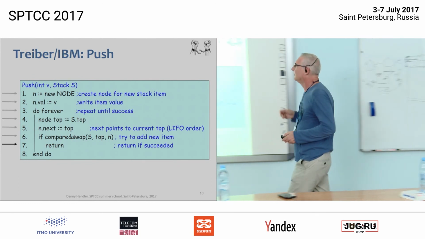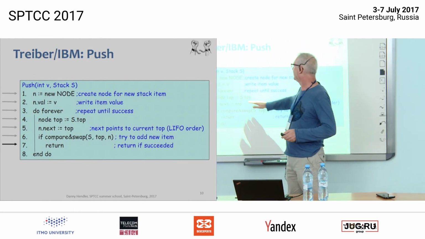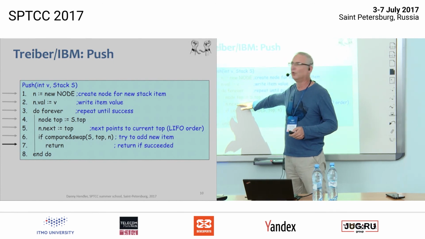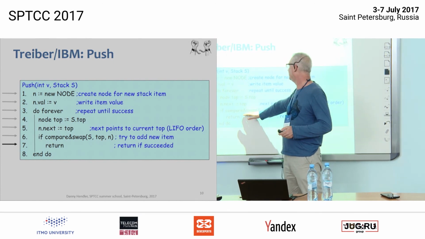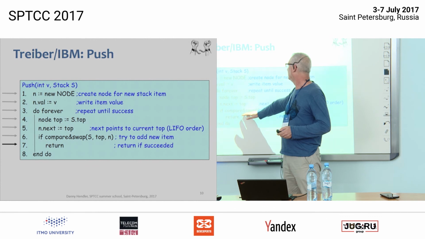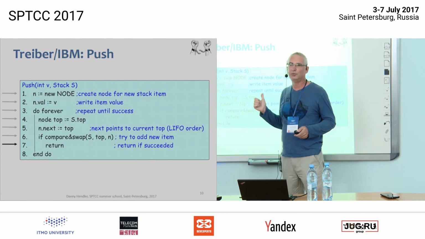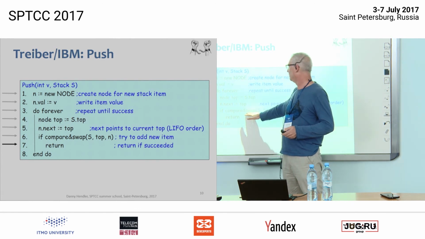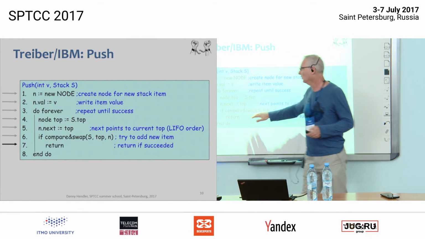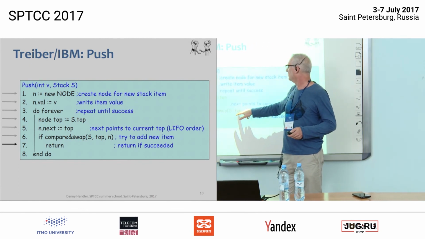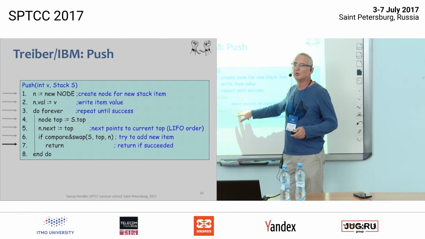Yes, if between the time where we read top in line 4 and until the time where we try to perform the concurrent swap, another thread managed to change top, then the concurrent swap will fail, because the value of top will not be the previous value that we read anymore.